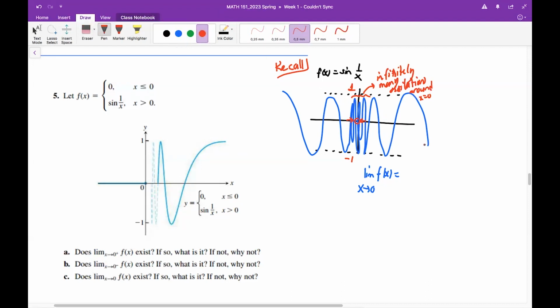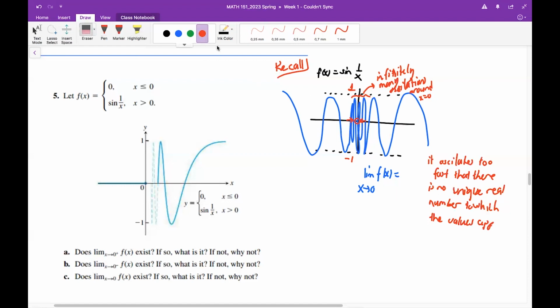Let me first write my explanation, then you will give me the result. This function oscillates so fast that there is no unique real number to which the values approach.